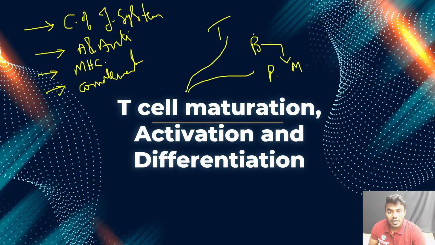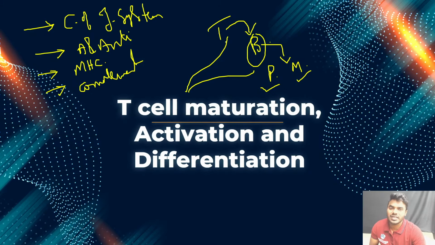Now my question is, why are we not studying B cells first and why are we studying T cells first? Because friends, everyone pay attention. If the B cell wants to differentiate into plasma cells and memory cells, first the B cell has to be activated compulsorily. Now the point is, friends, that entire B cell activation depends on the T cell.